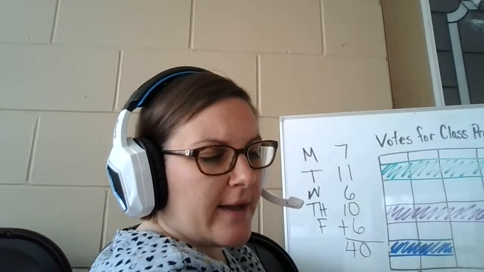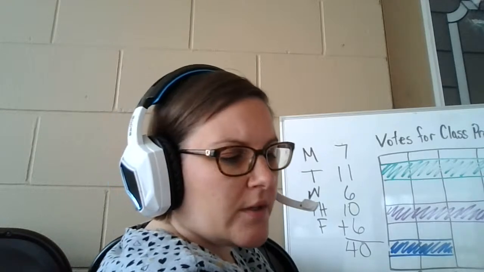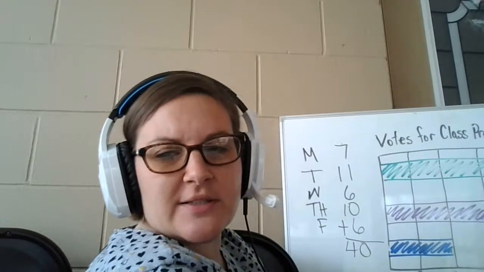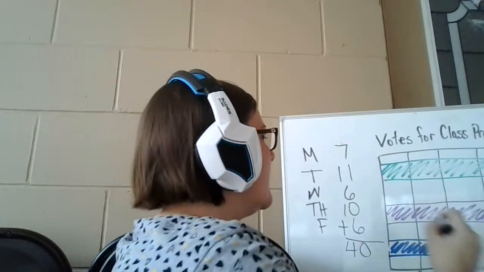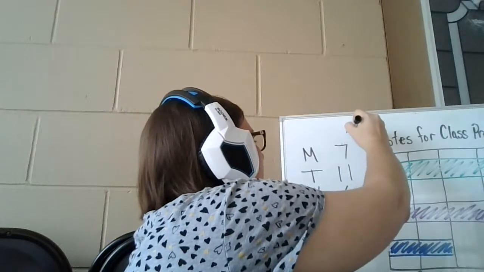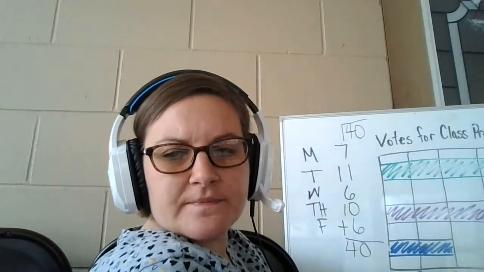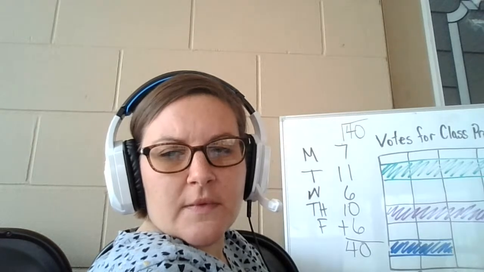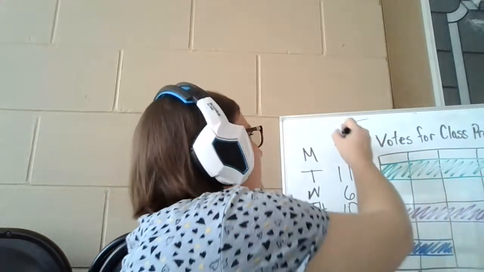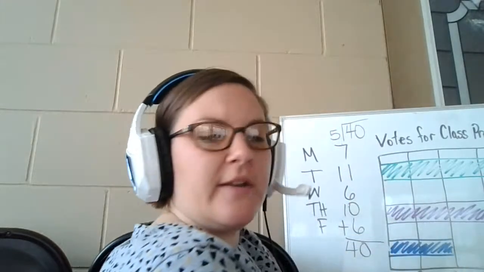So 40 divided by what? How many days did they go out? 40 divided by how many days? 5, good. So what's 40 divided by 5?